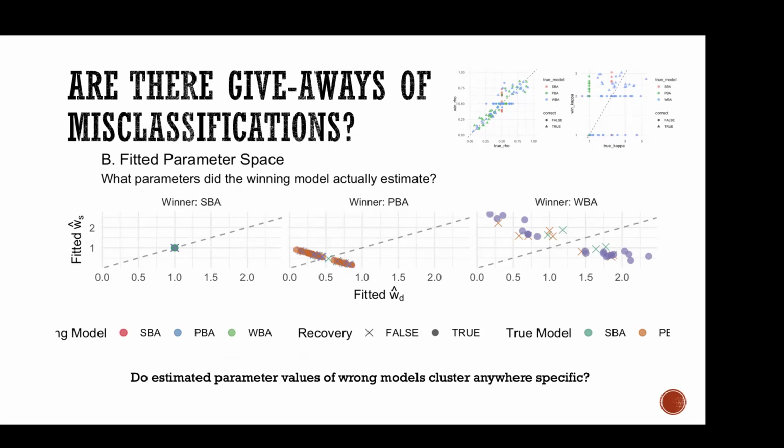And then when we look at the WBA, we see that it rarely estimates values that are in the other models' domains. I couldn't really see any pattern there in terms of estimated parameter values that could tell us maybe it's wrong.